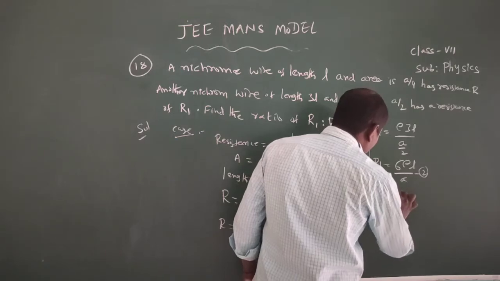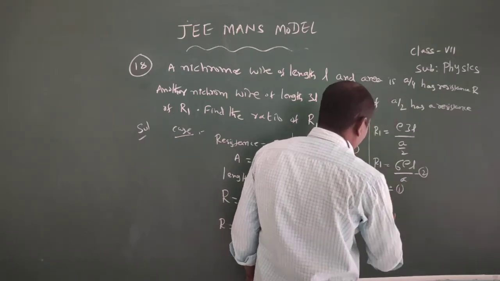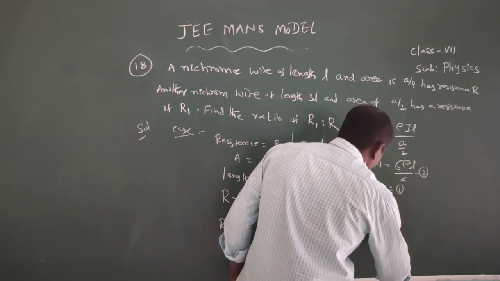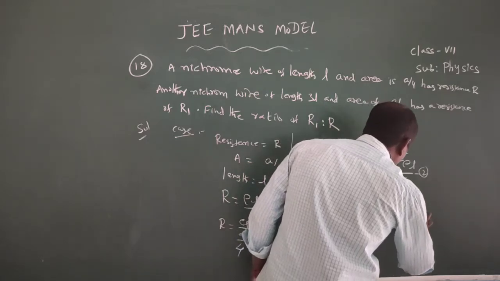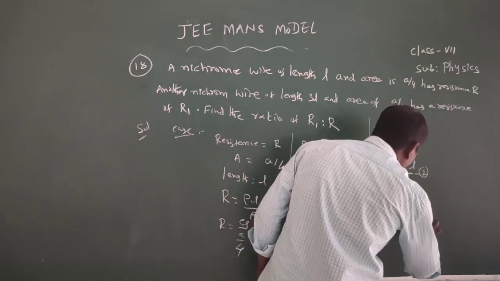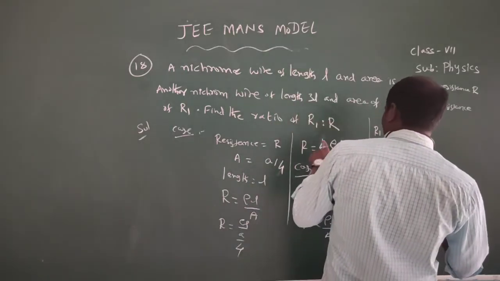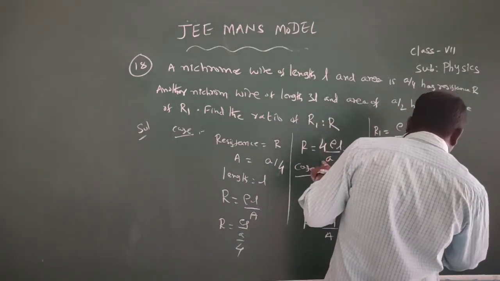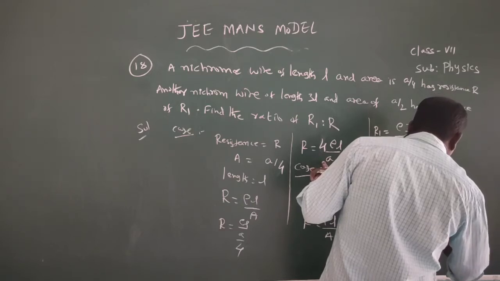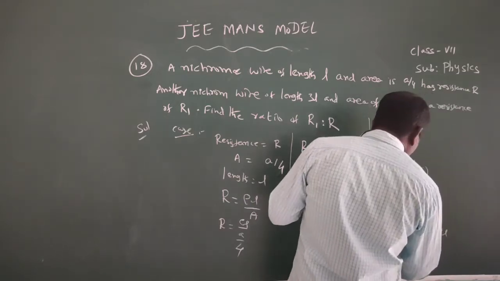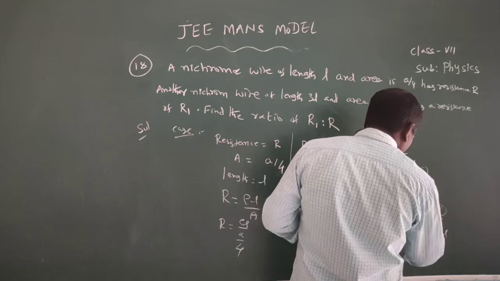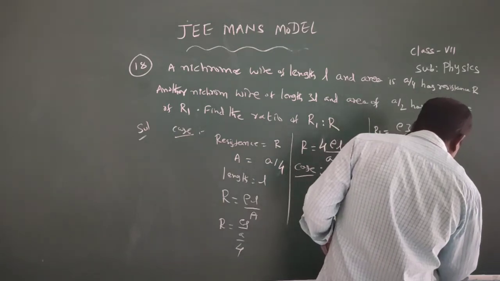So equation number 2 divided by equation number 1. R1 by R is equal to 6 rho L by A divided by the first expression, 4 into specific resistance into length by A. So A cancels, rho L and rho L cancel.